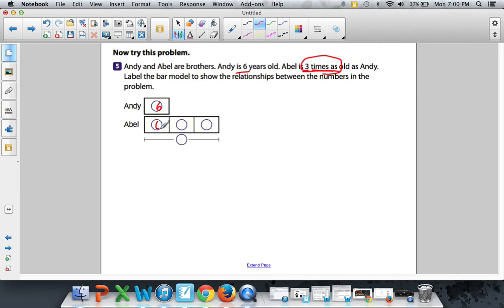So inside these, you just put more 6s. It's still 6s. Now the question is, how old is Abel? Well, we've got 3 6s. And what is 6 times 3? If you added this all up, you would get Abel's age, which is 18.